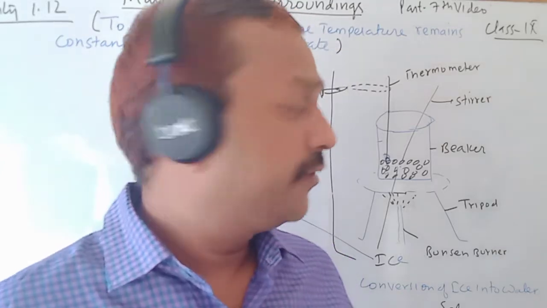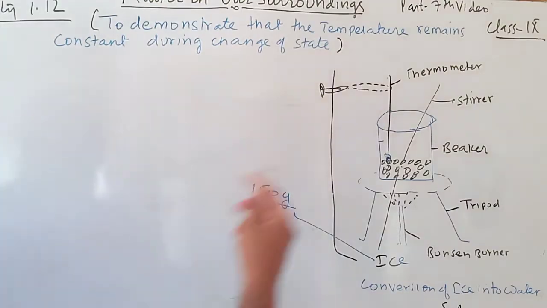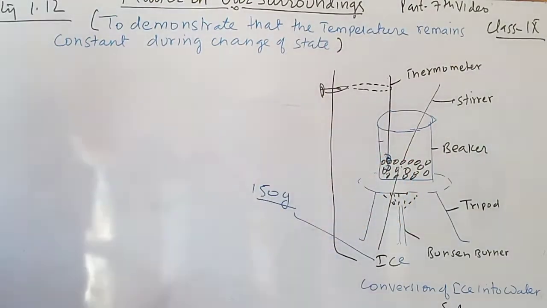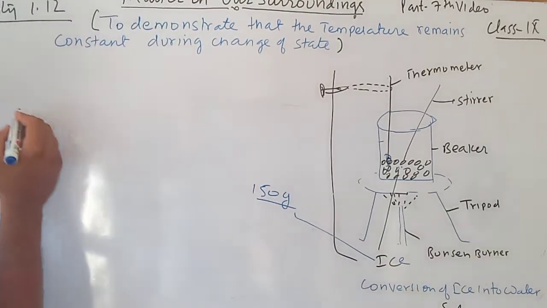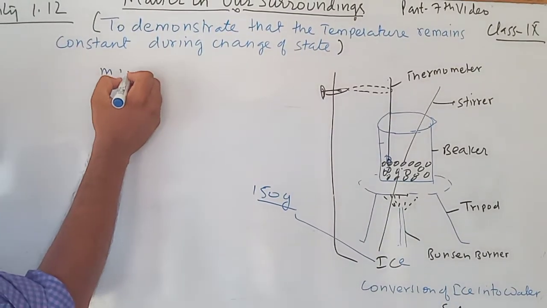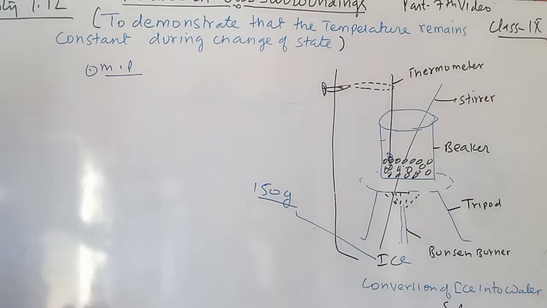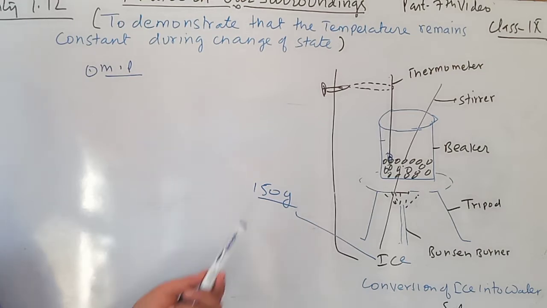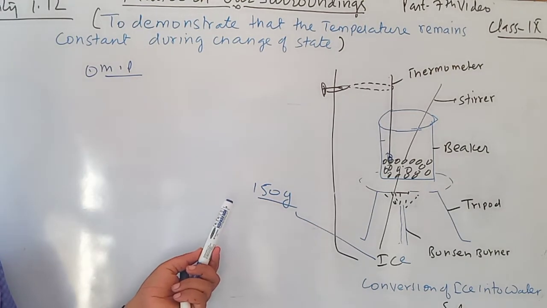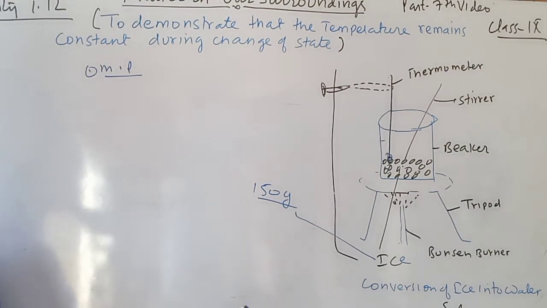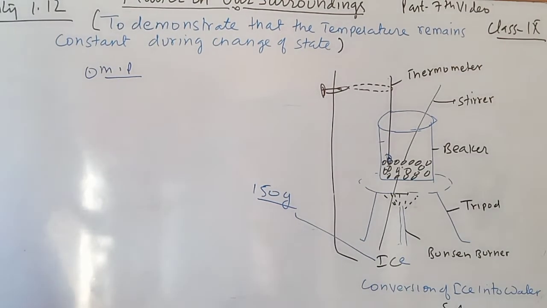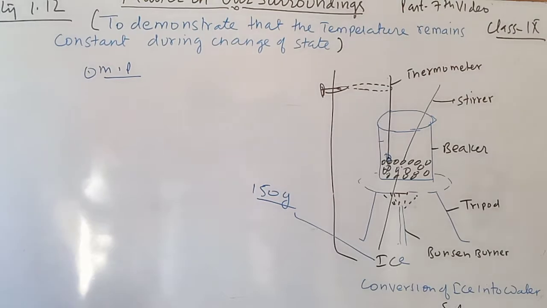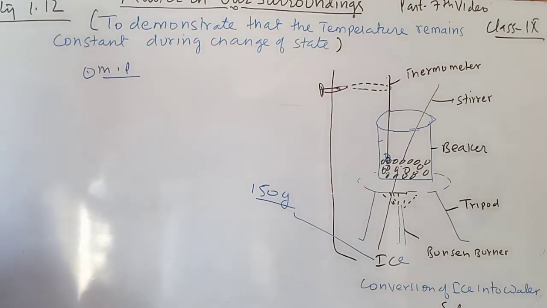So first we have defined what is the melting point of ice, and why the temperature is not changing. The temperature remains constant till the ice has melted, and the heat energy supplied is used up in overcoming the force of attraction between the ice particles to change from solid to water.